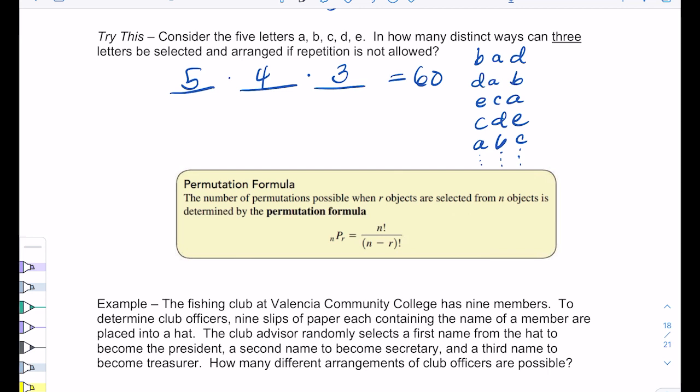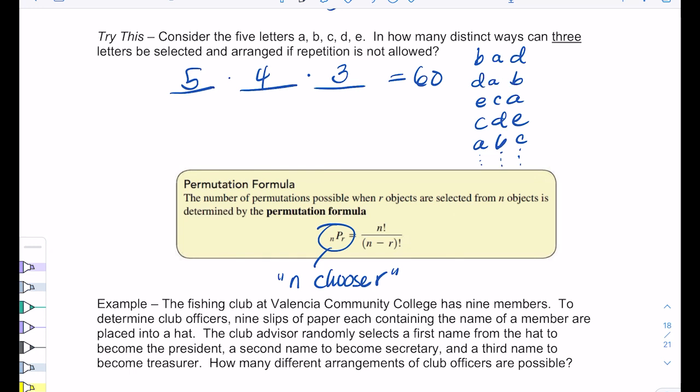So let's look at a permutation where the order actually matters. There is a symbol that we use, and it's this right here. You would read it as "N choose R." It's a permutation where you have R objects selected from N objects.